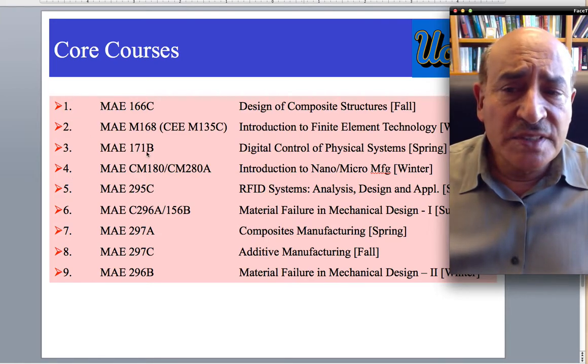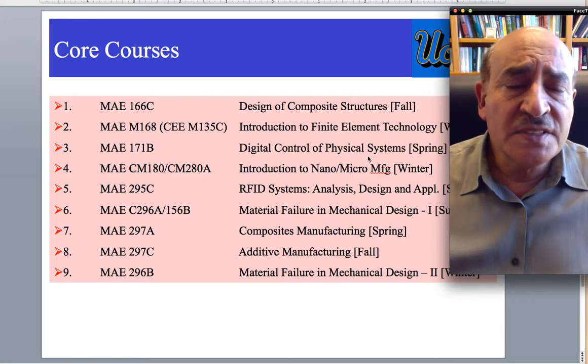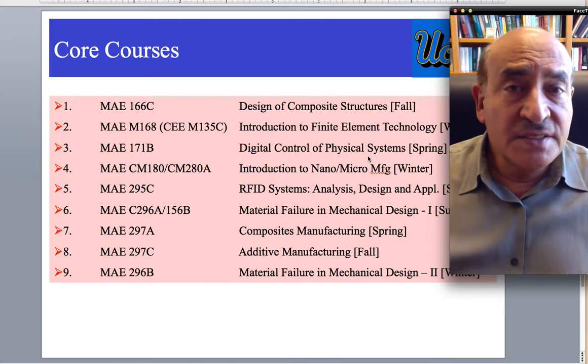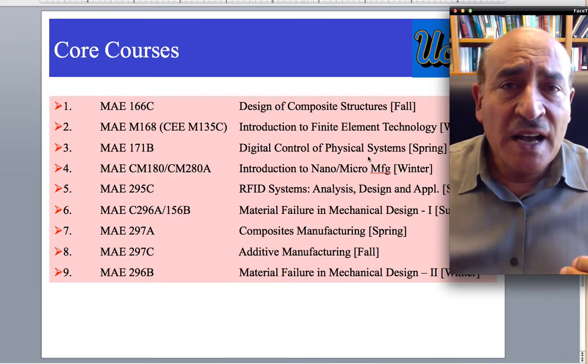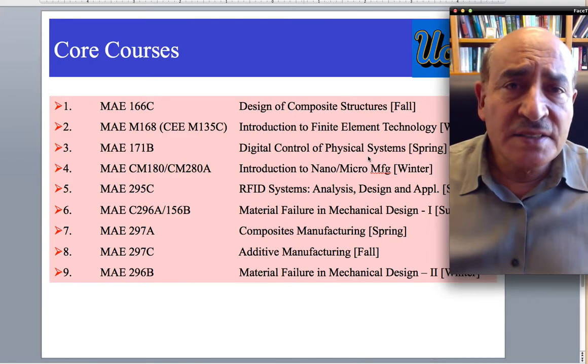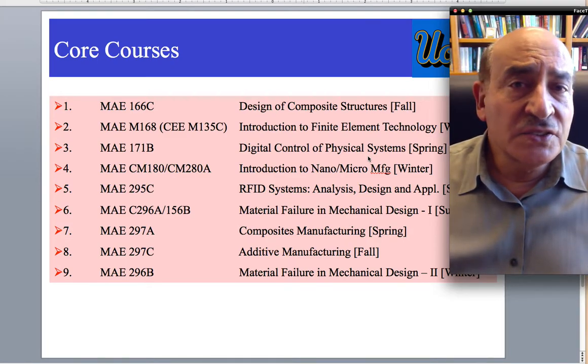The next course that we have is an undergraduate course, again senior level, 171B, and this is digital control of physical systems. For digital control, you have to get some background on linear systems and how you would convert an analog signal to a digital signal, and how you process that signal, and how you use the signal in controls, PID controllers and so forth.